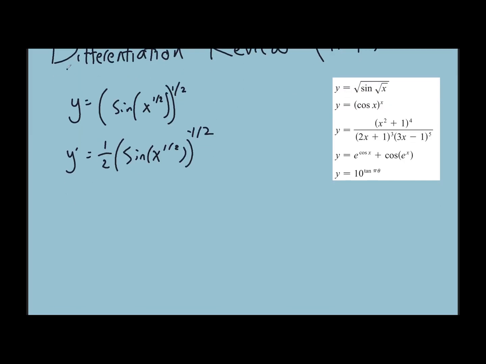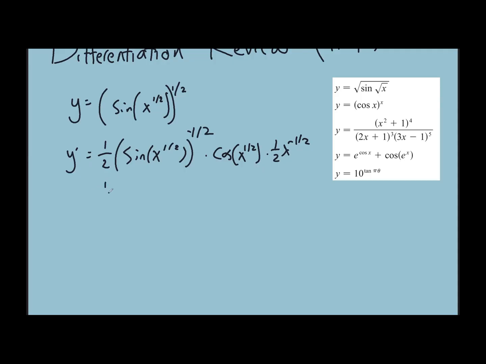Now we're going to do some derivative times chain rule, derivative of the inside, cosine of x to the 1/2, times chain rule, well, do it from in here, derivative of the inside even farther, 1/2 x to the negative 1/2. So what does this become? I think this is going to get kind of ugly, isn't it?